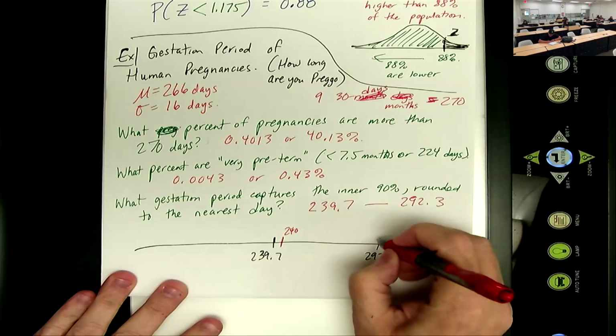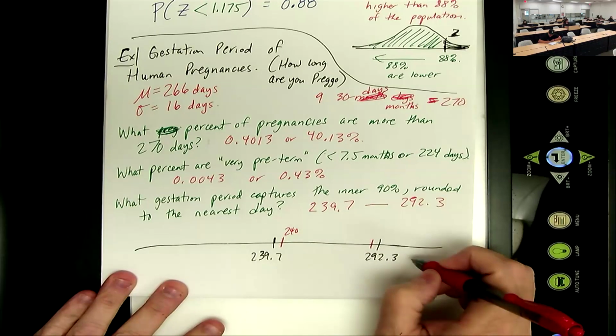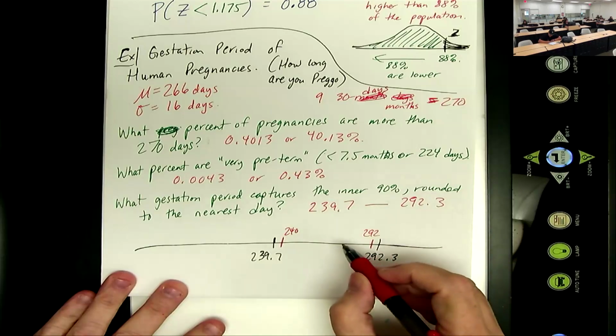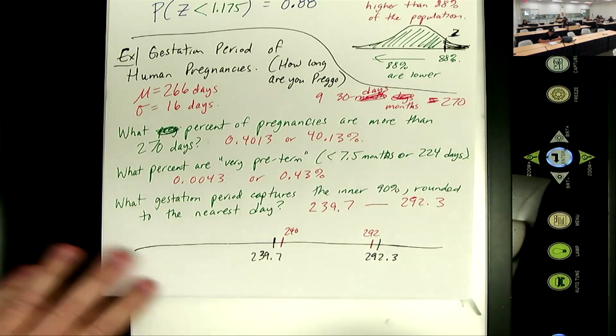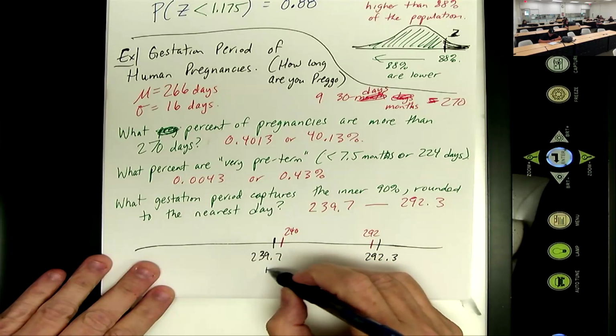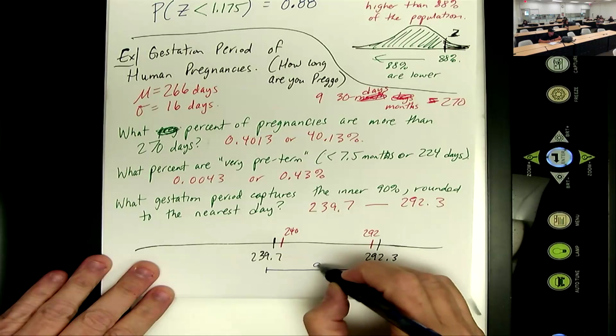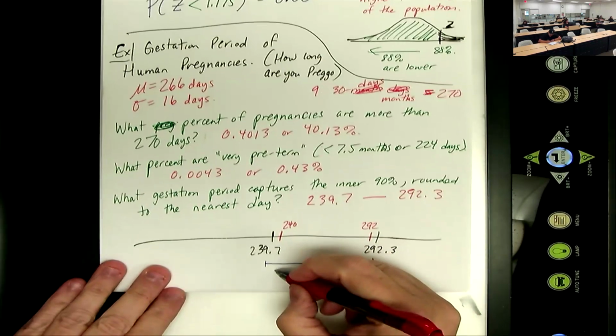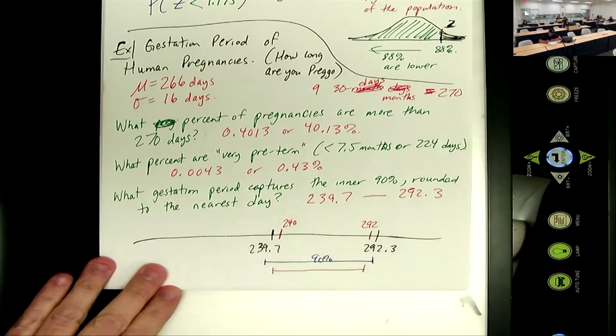And if we round to 292, we're going there. This was the inner 90%. But we don't have that full range. We have less than it.